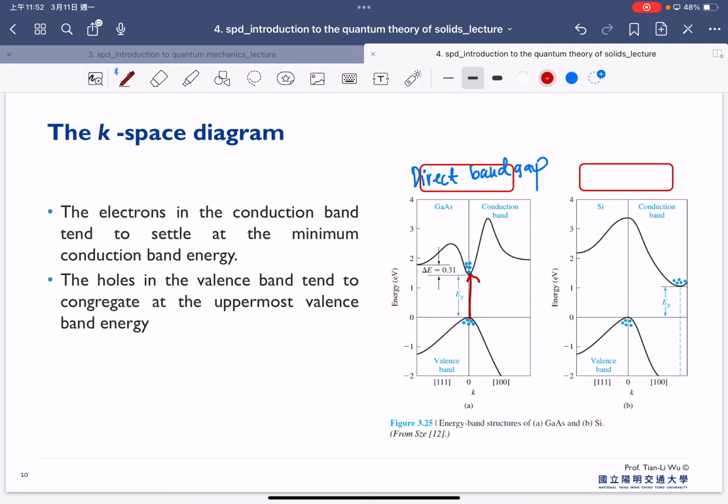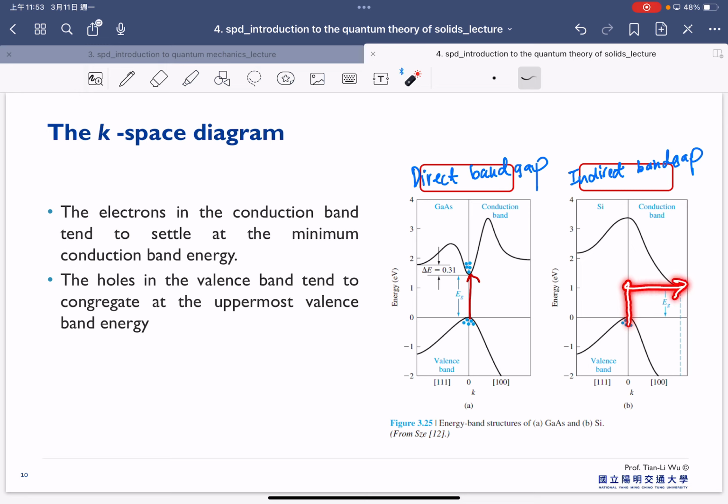But the indirect band gap is the one on the right hand side. Indirect means that if you want to have the current, first you need energy, but you also need another momentum.